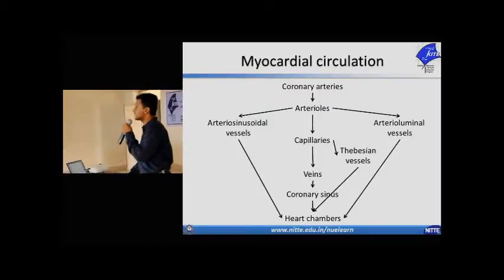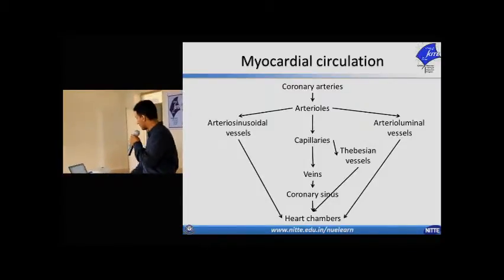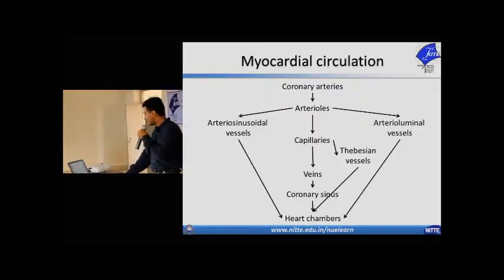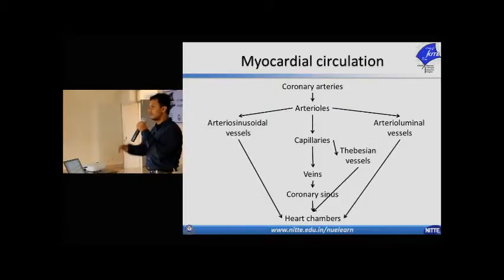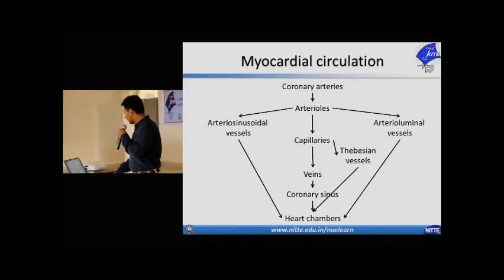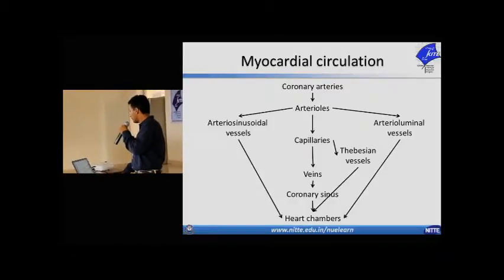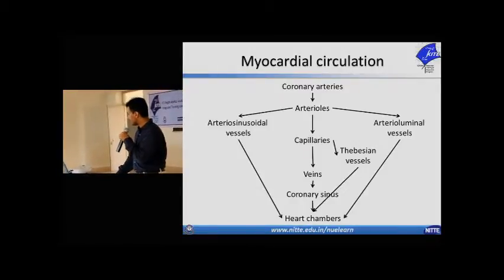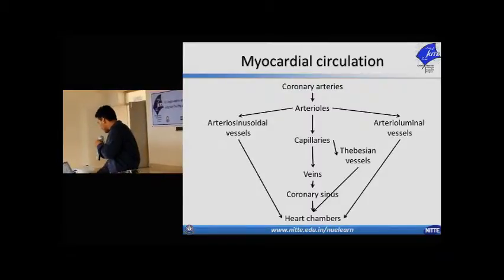Again, the coronary sinus drains into the right atrium. There are other ways also. The arterioles open into sinusoids, that is arterio-sinusoidal vessels, which directly open into all the heart chambers, or else these arterioles open into lumens of other vessels, which again drain into the chambers of the heart.